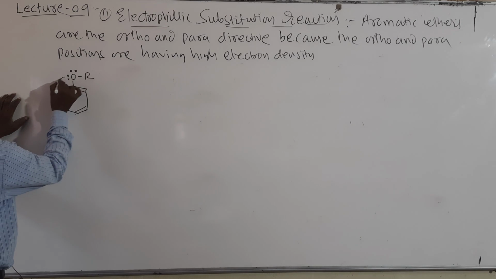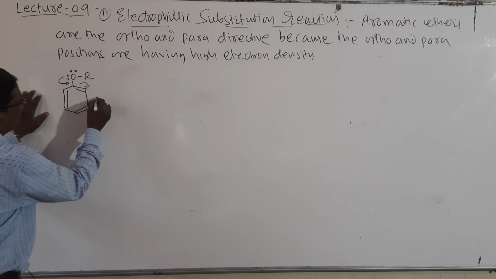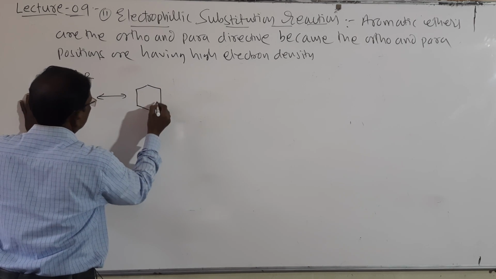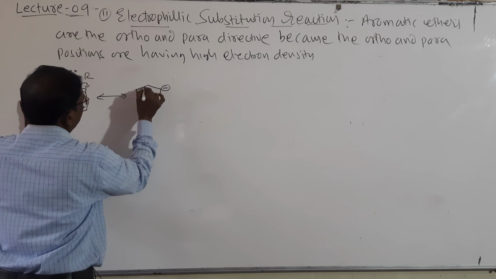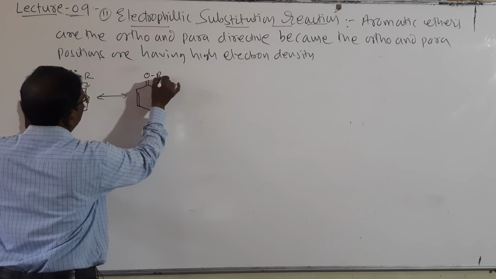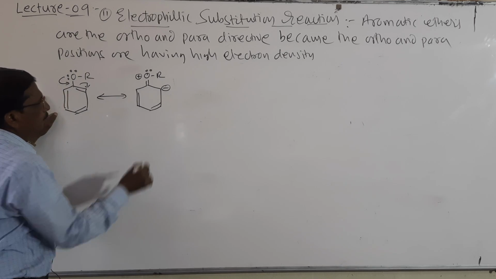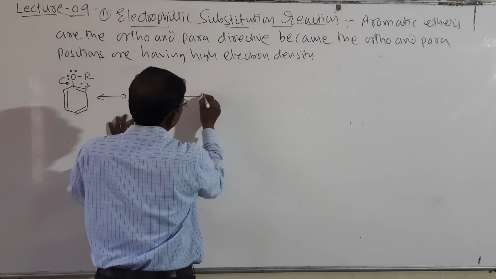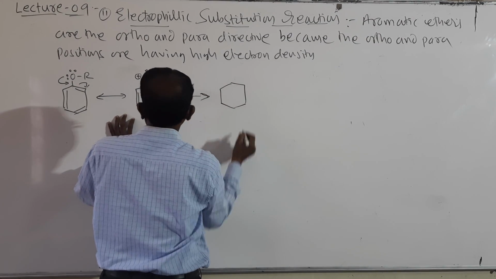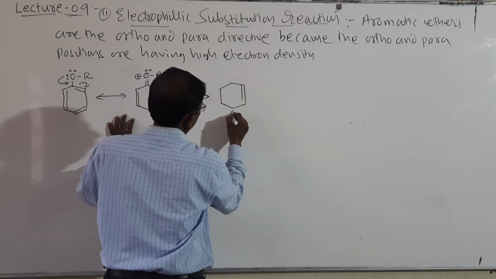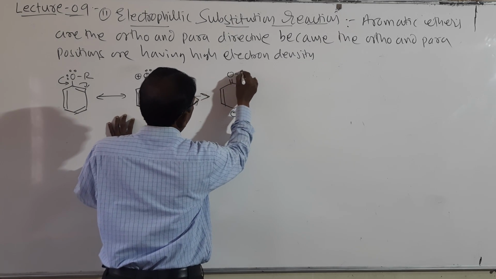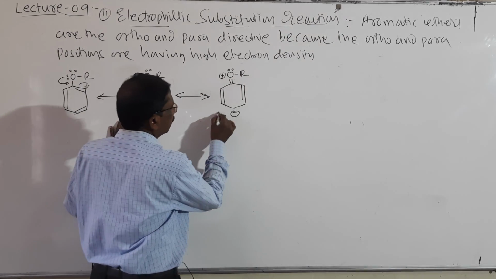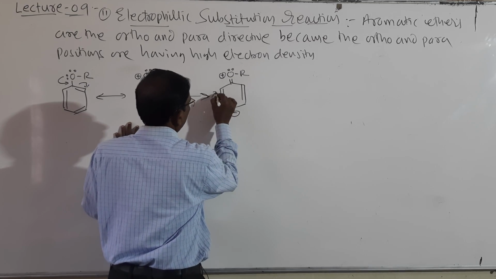This lone pair of electrons is in conjugation with the pi electrons of this benzene ring, then it forms this, then it comes here, then here, and again the negative charge delocalization takes place.